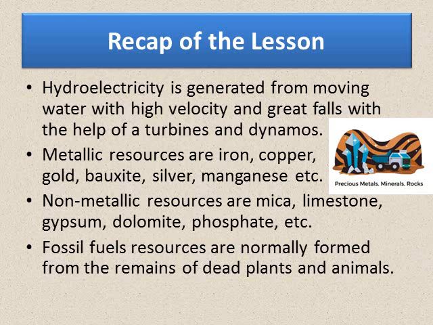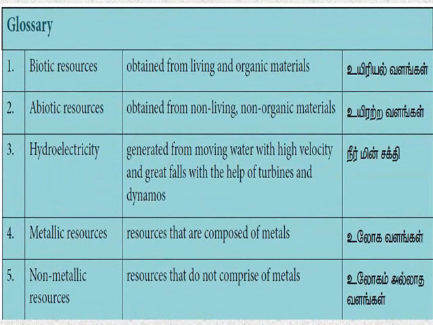Hydroelectricity is generated from moving water with high velocity and great falls with the help of turbines and dynamos. Metallic resources are iron, copper, gold, bauxite, silver, manganese, etc. Non-metallic resources are mica, limestone, gypsum, dolomite, phosphate, etc. Fossil fuel resources are normally formed from the remains of dead plants and animals.